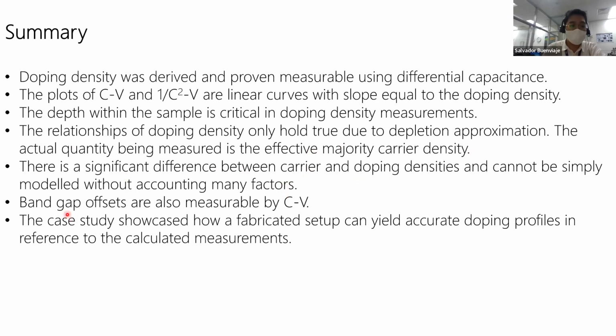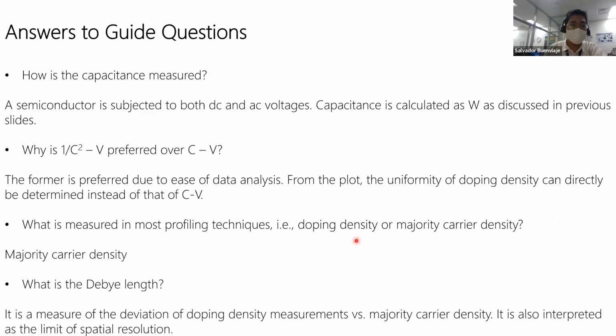We also discussed briefly band gap offsets, and I presented a case study on how CV measurements are used to validate the accuracy of a fabricated setup compared to the calculated one.